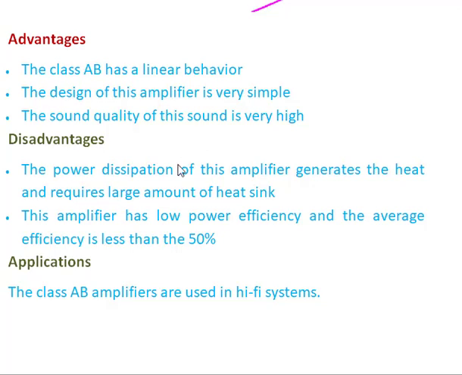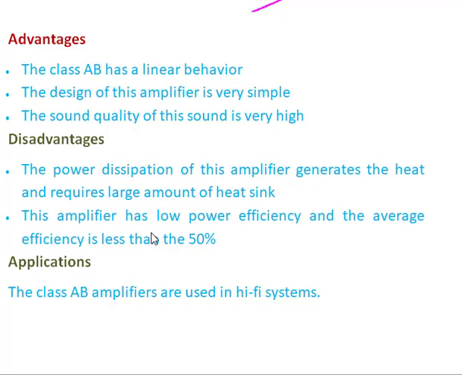The power dissipation of this amplifier generates heat, so we need heat sinks to remove this heat produced during the power dissipation. The amplifier also has low power efficiency, less than 50%.